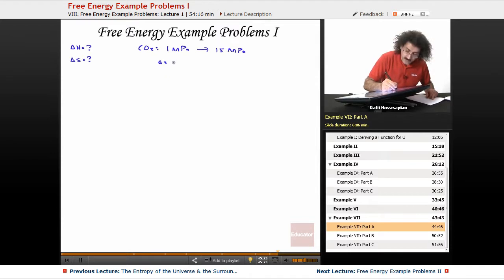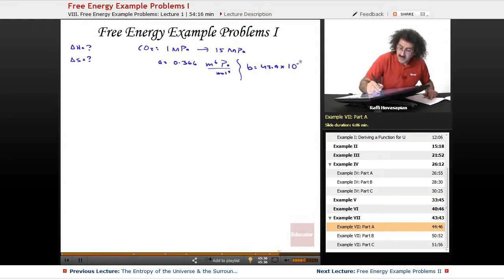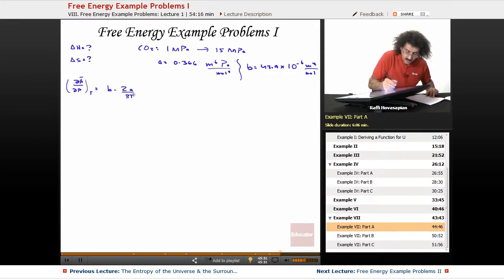So A equals 0.366 meter^6 pascal per mole squared, and B is equal to 42.9 times 10 to the negative 6 cubic meters per mole. From the previous example, we found that dH/dP at constant T is equal to B minus 2A over RT.